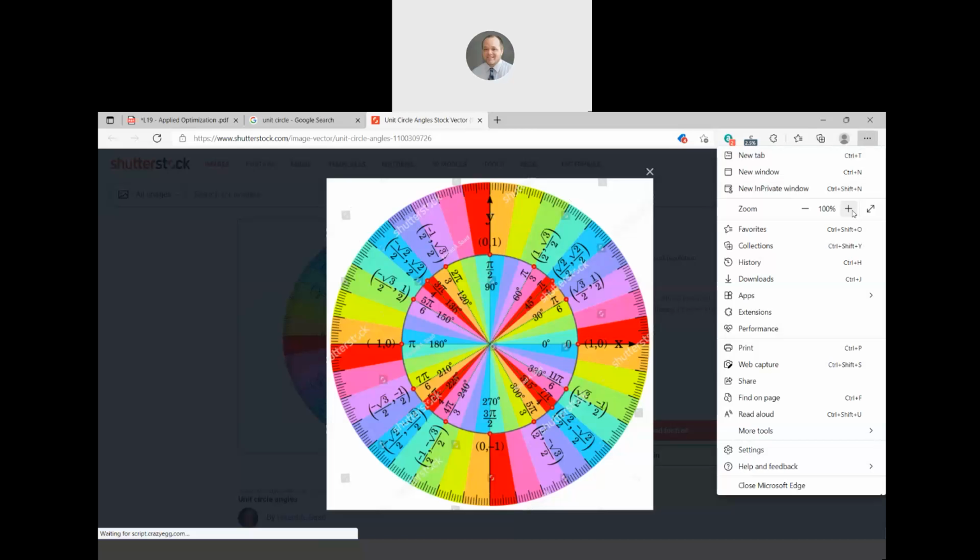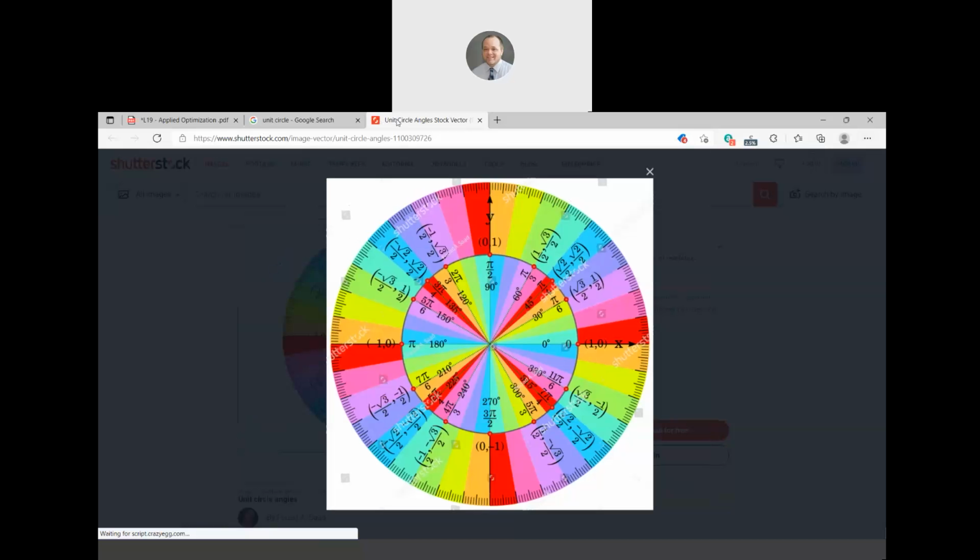We need to find the angle measurement where cosine is 0. Remember on your unit circle that cosine is the x value or x coordinate. So where cosine is 0 happens at 90 degrees or pi over 2, and also down here at 270 degrees or 3 pi over 2.